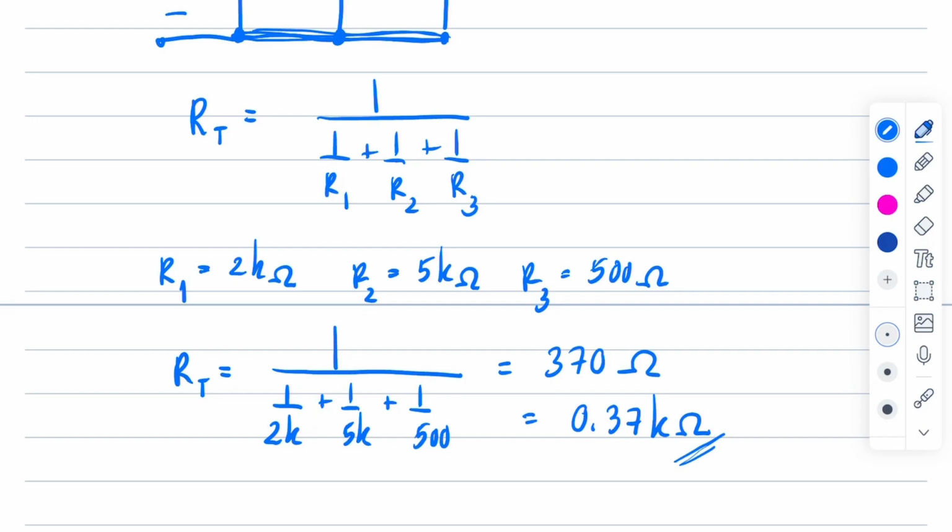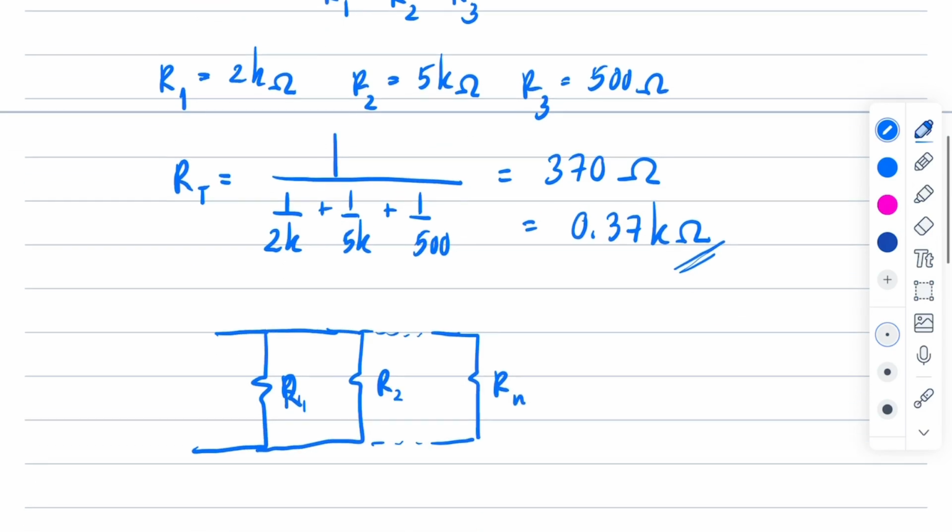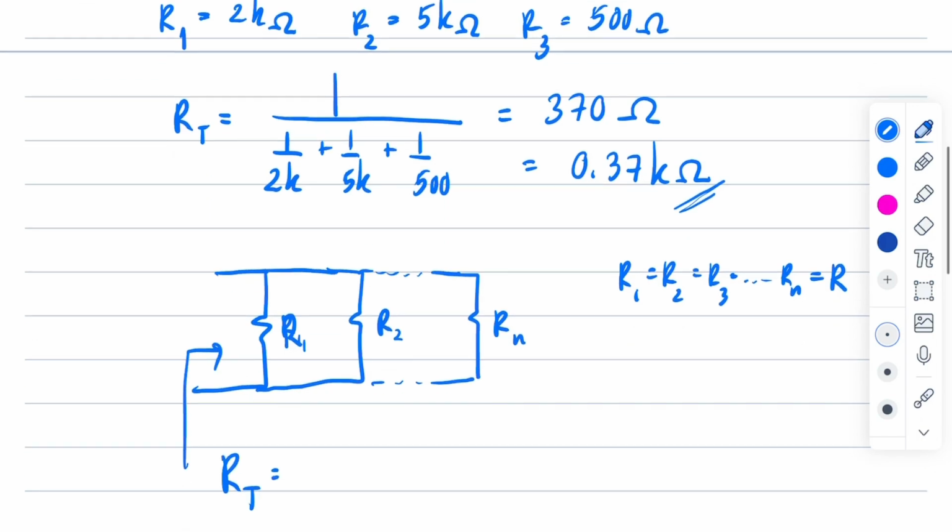Another thing I want to point out to you is that if you have n resistors connected in parallel and they all have the same value, n times, so R1 equal to R2 equal to R3 equal to Rn, and the value is R, then your R total is equal to R over the number of resistors you connected in parallel.